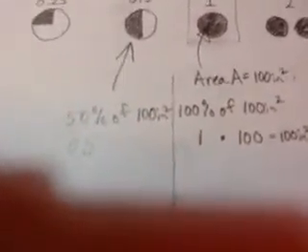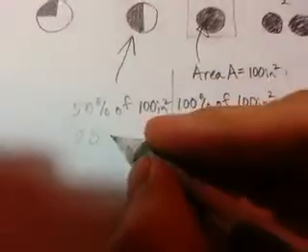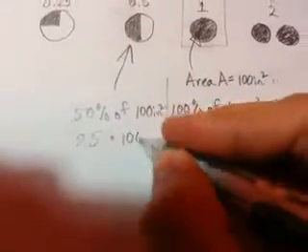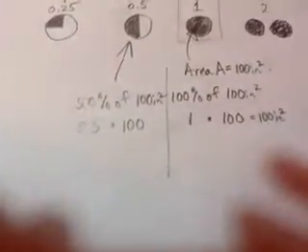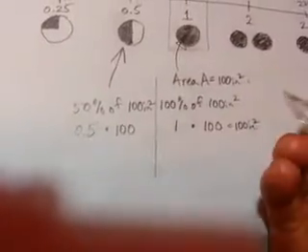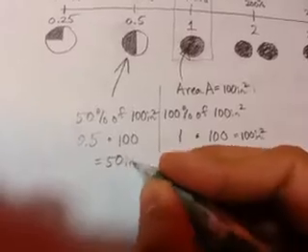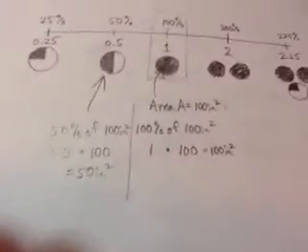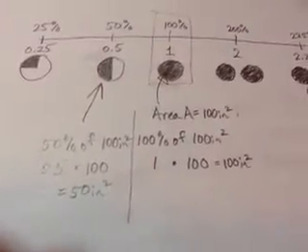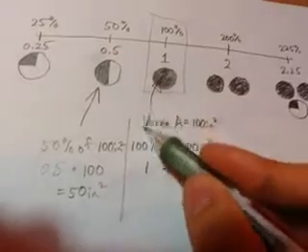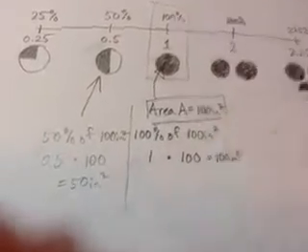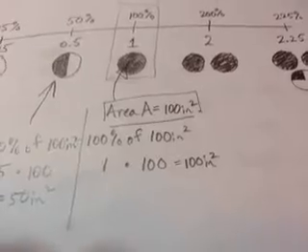So I have 0.5 of 100. That should be pretty simple. I would get 50 inches squared. Okay, easy enough.